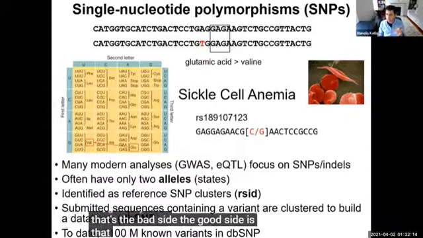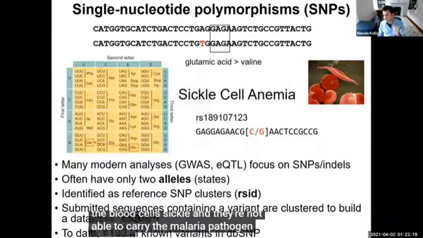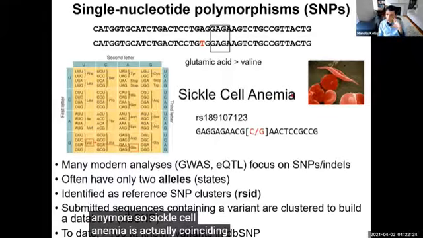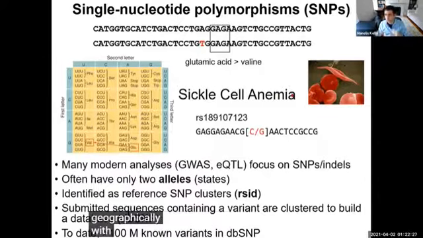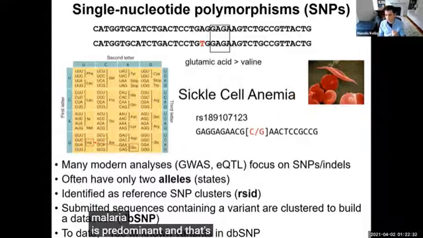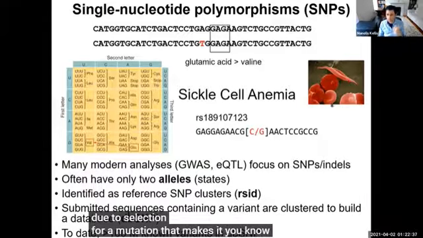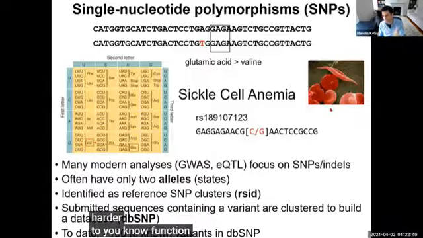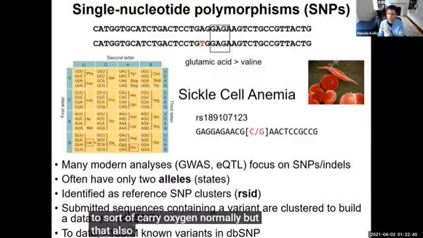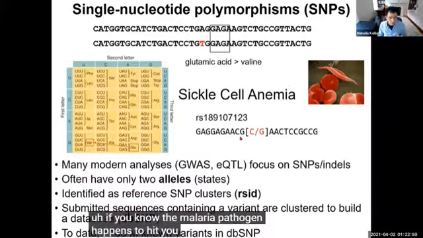The good side is that the blood cells sickle and they're not able to carry the malaria pathogen anymore. So sickle cell anemia is actually coinciding geographically with the locations in Africa where malaria is predominant, and that's very clearly due to selection for a mutation that makes it harder to carry oxygen normally, but that also saves your life if the malaria pathogen happens to hit you.